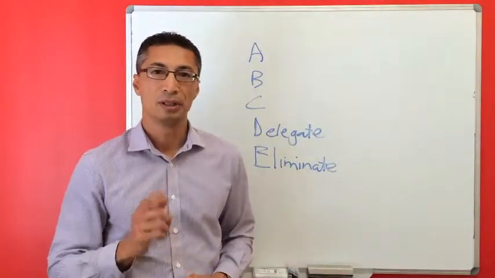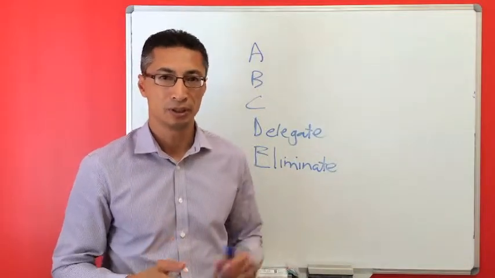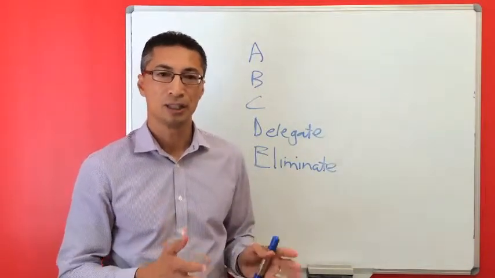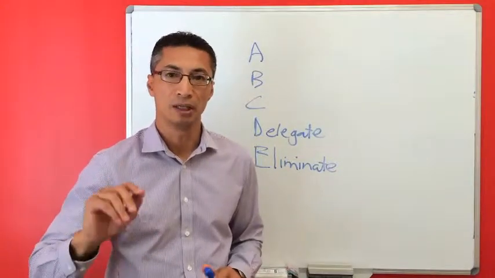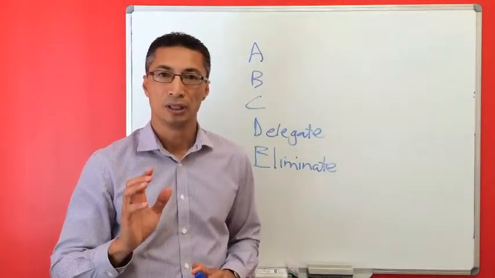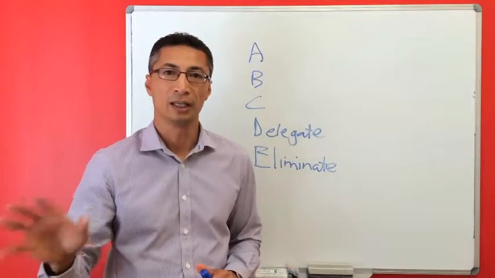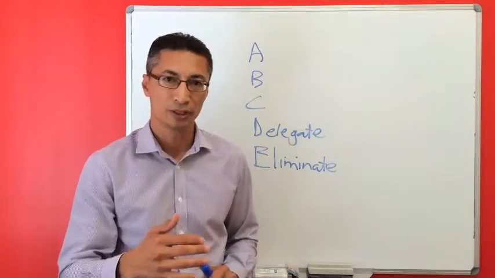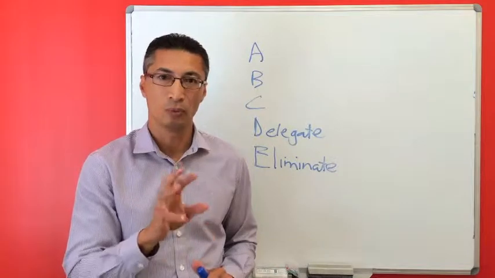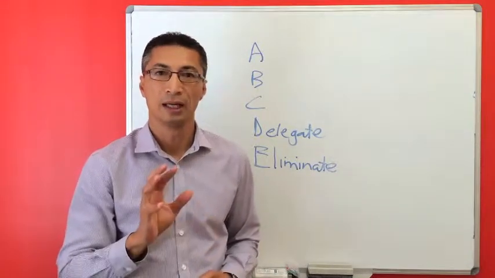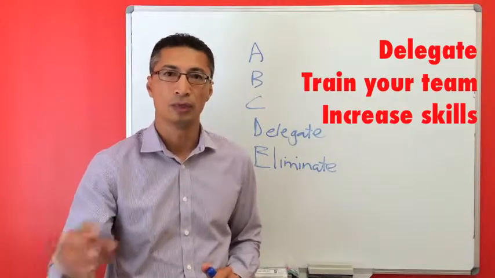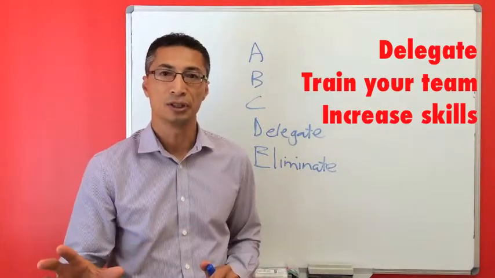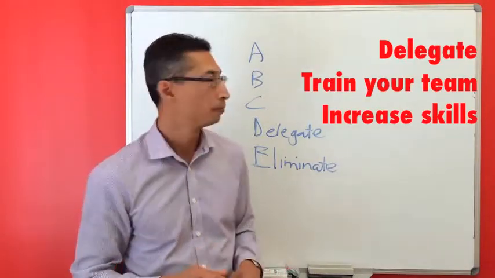But the problem is that by the time you get to it, because you've got such a long list, it would have been a lot easier to have someone else do it, to train them and get them to do it, because they've got less on their plate and they can get to it a lot quicker. So go through the list and really think about what are the things that you can delegate and help train your team on. Let them get on with it, let them learn new skills and free up your list.